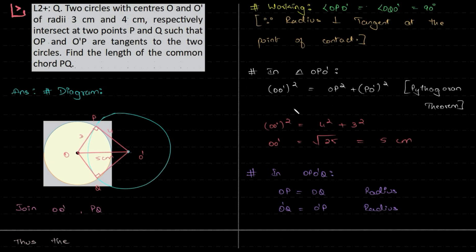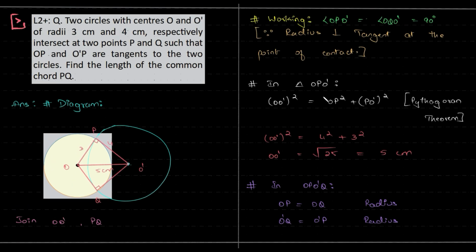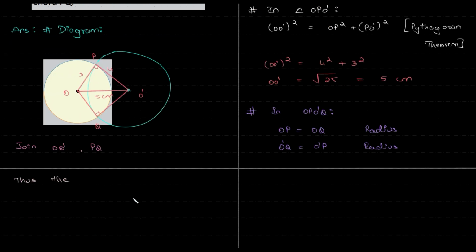Oh wait, I didn't explain why I can use Pythagoras theorem over here. Oh no, I did, my bad. Thus, where was I? Thus the quadrilateral is a rhombus.